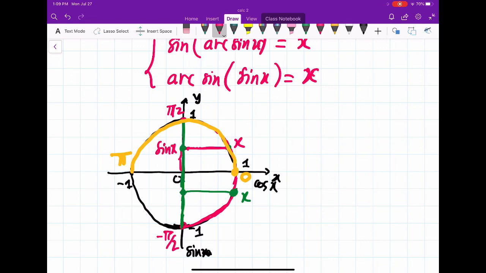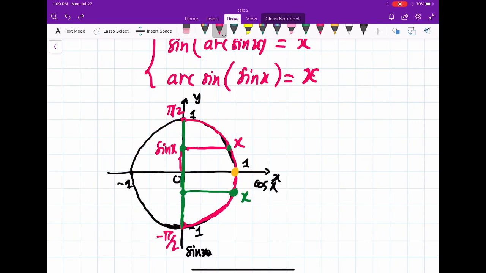For each x, of course, you have one y value, right? But for each y, you have two values of x. You see? So such a function will not have an inverse. Does that make sense? So that's why we need to choose negative pi over 2 to pi over 2. All right?